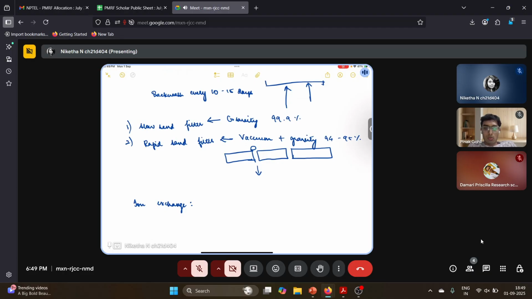When you have a rapid sand filter, water is going to pass through the filter rapidly, so more volume of water can be treated quickly and with limited space. Whereas if you go for a slow sand filter, with the same volume of water, it's going to take a longer time for the filtration to happen. So that's why we need a larger area.